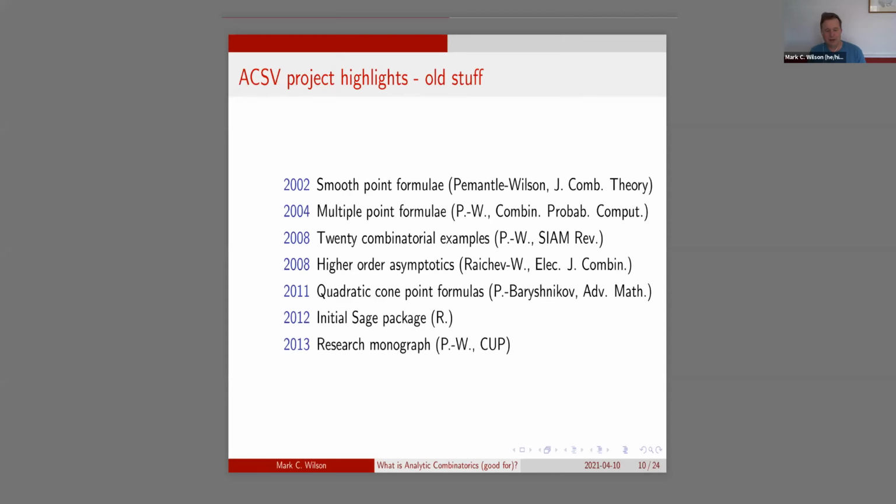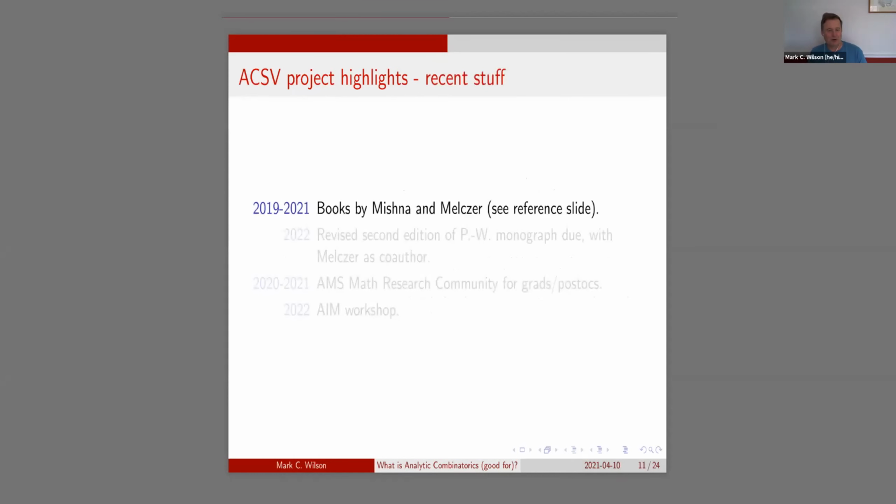And then we kind of sat back and thought, well, people will use this stuff. But to be honest, although it has been well cited and lots of people are using it, not as many as I think ought to. So that's why I'm going to talk a bit more about some more modern stuff that's going on. There are a couple of books which I think give a much easier introduction to the topic.